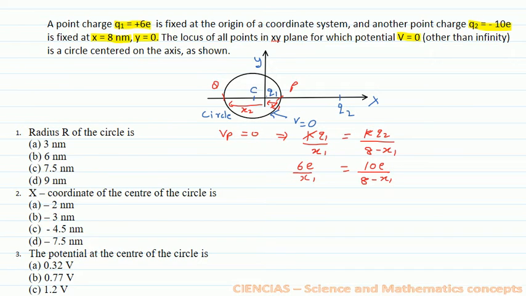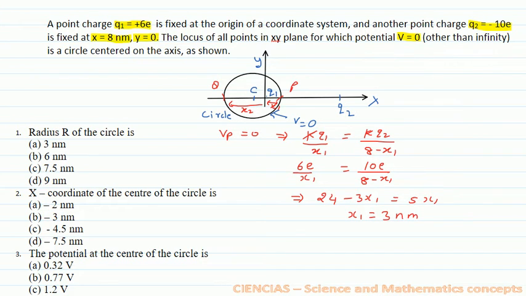Now since the potential is to be 0, we have to do the sum, and when shifted to the right side, the minus sign changes into plus. On solving this, it becomes 24 minus 3x1 equals 5x1, which gives x1 equals 3 nanometer.